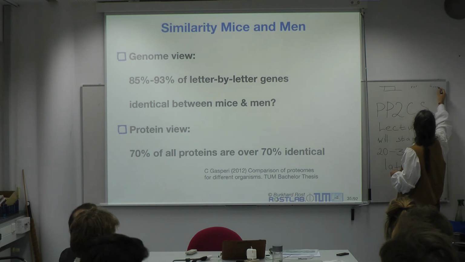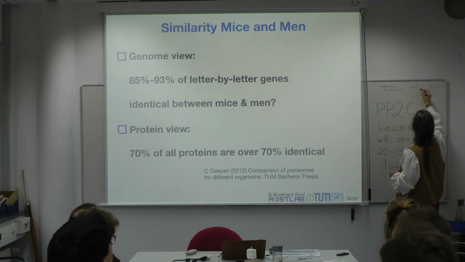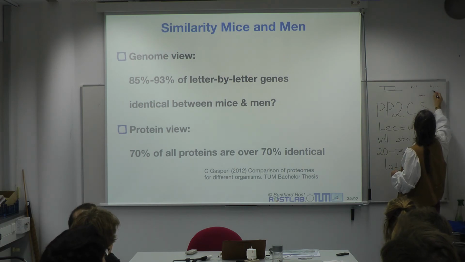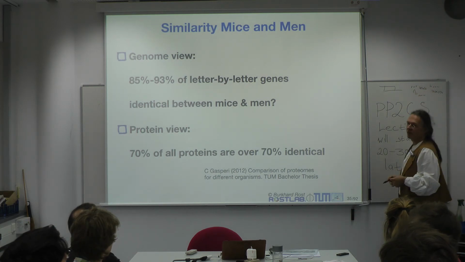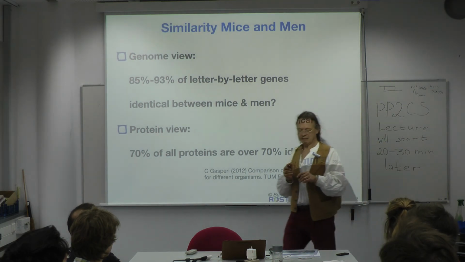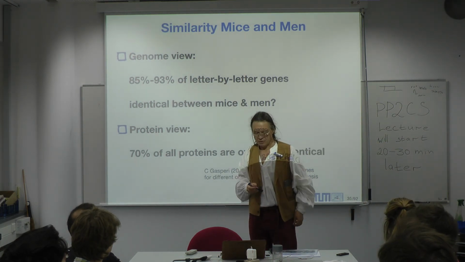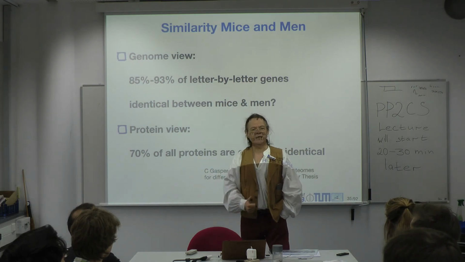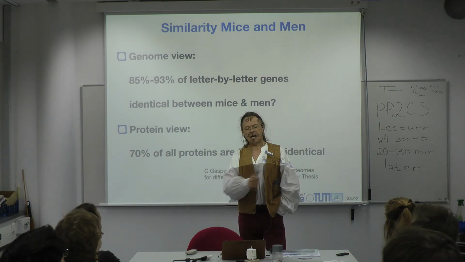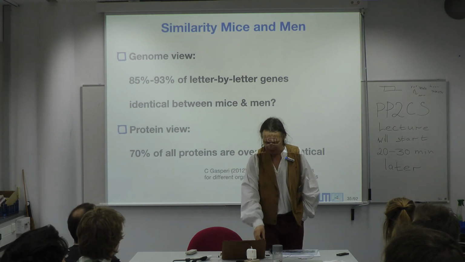For human, I can't remember whether it was more or less, but it was a very similar number. It was also 70-70-70, just a little bit less or a little bit more. So the mouse and rat on this criterion were just a little bit more similar to each other than either of them is to human. That for me was a big surprise.